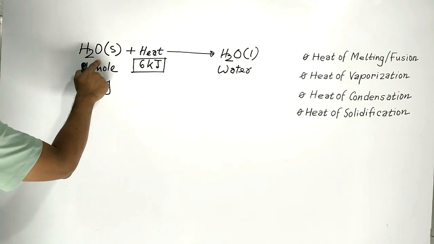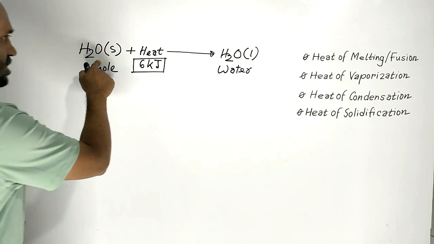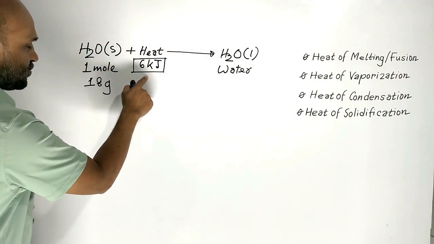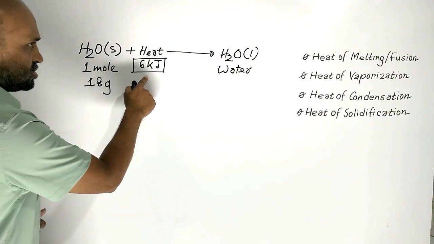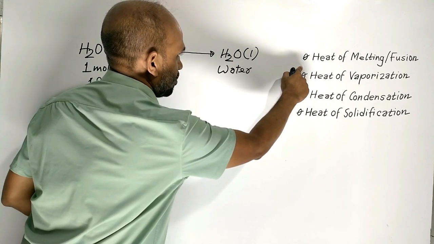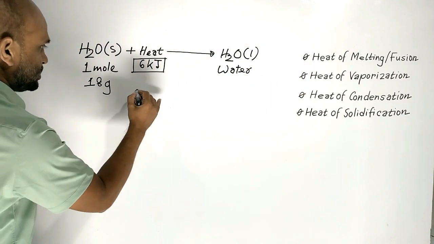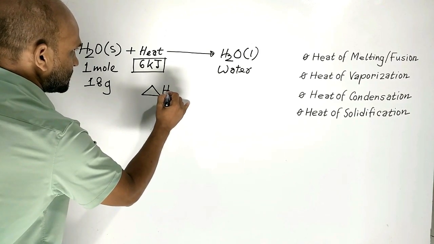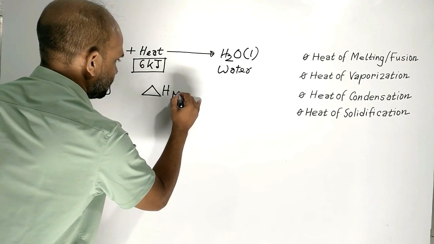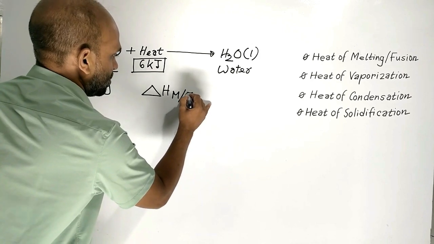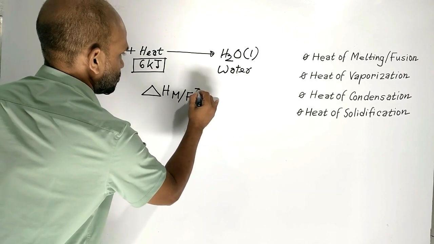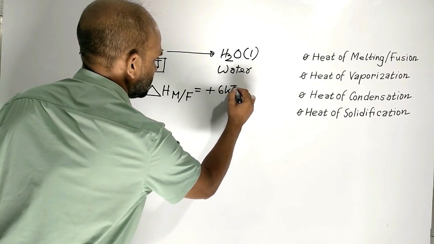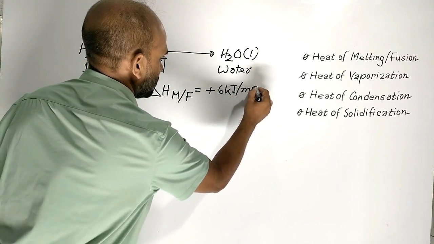When 1 mole solid substance is converted to 1 mole liquid, then the amount of heat required is called heat of melting or heat of fusion, which is denoted by delta H M, melting or fusion, which is plus 6 kilojoule per mole.